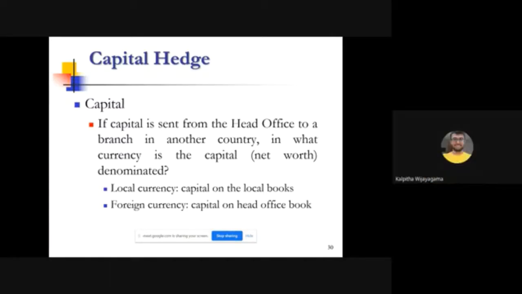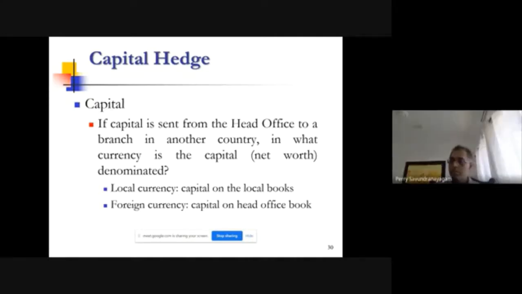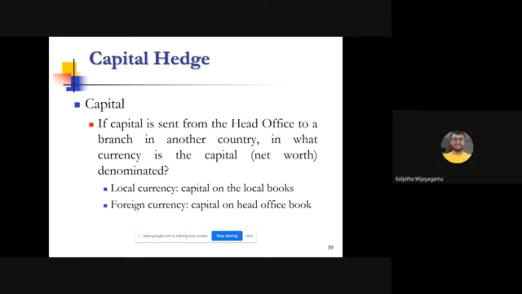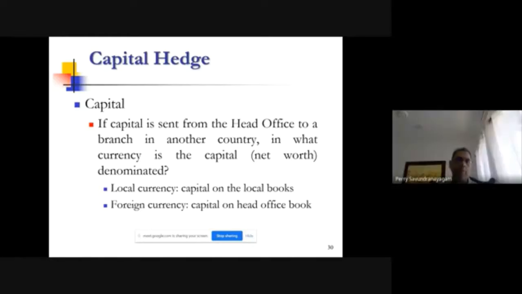It's money that is used to fund operations. So how can a bank, or any organization, usually raise capital? Debt or equity, right? Debt or equity, exactly.